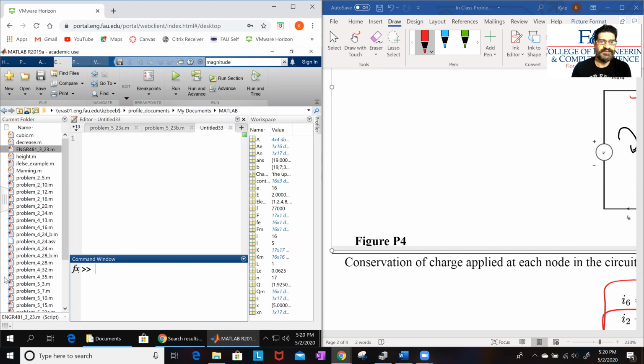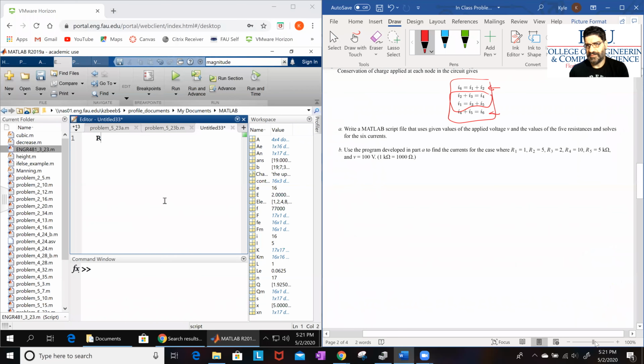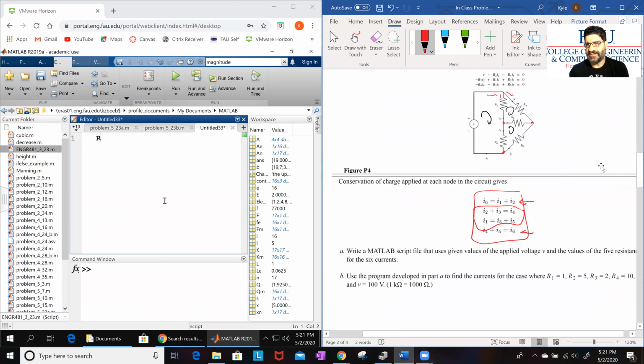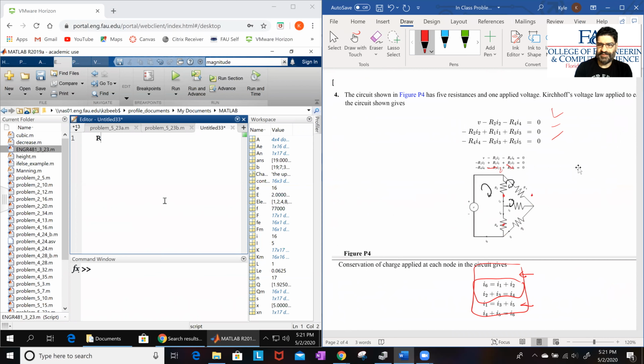So let's start with defining R. Let me define R first, because he's given us that.